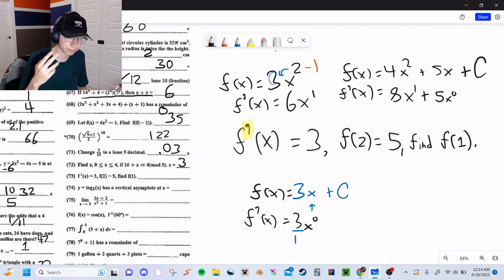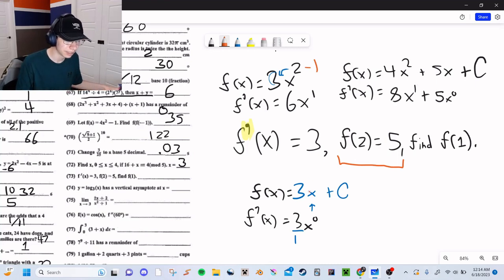And so, how do I find my constant term? I use this piece of information the question gives me, that f of 2 is 5. That's really valuable because now I know that if I do f of 2, it's going to be 3 times 2 plus some constant c.